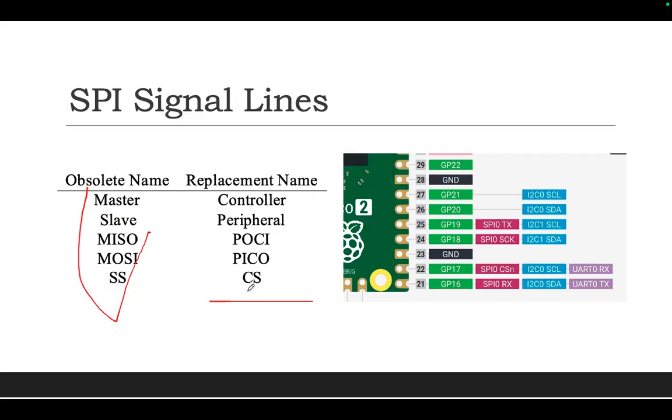Do you know why the name is changed? Why do we want to change the name? Actually, some documents now still use MISO. I don't know if you noticed, but some documents just use POCI and PICO, but it's the same meaning.